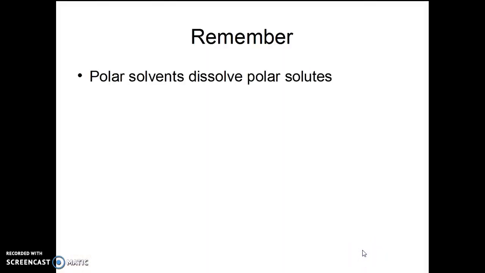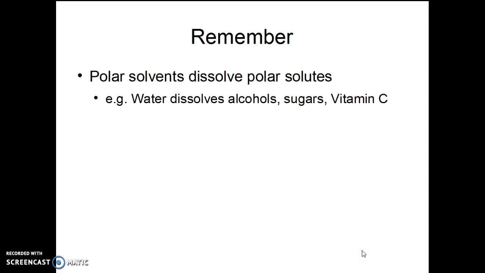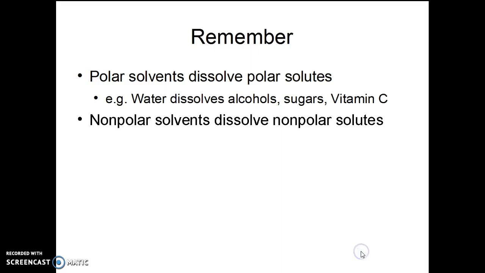Remember, polar solvents dissolve polar solutes. So water dissolves alcohols, sugars, ascorbic acid, and other vitamins, except there are a few like vitamin A and vitamin D that dissolve in fat, which is why if you take a multivitamin, you should always have a little fat, some cottage cheese or something along with it. Nonpolar solvents dissolve nonpolar solutes. Again, oils dissolve these nonpolar vitamins.